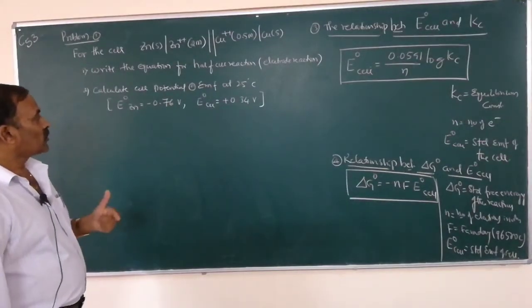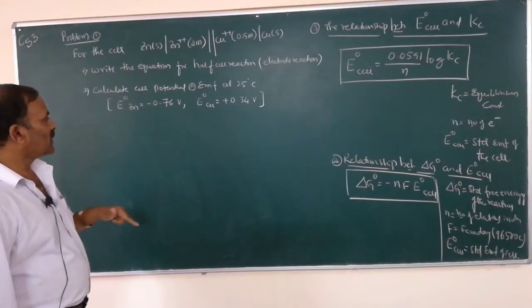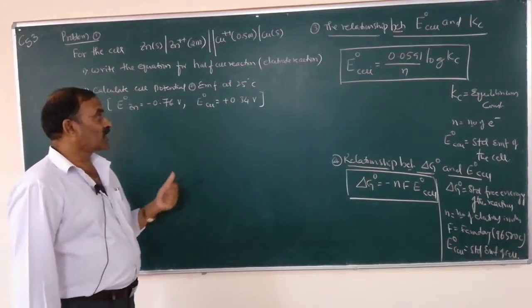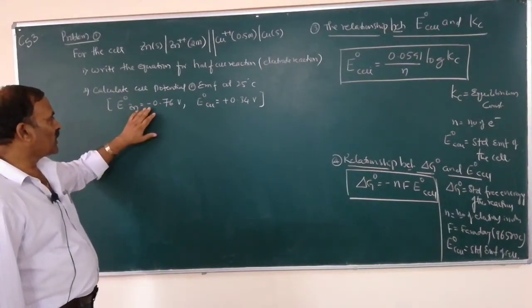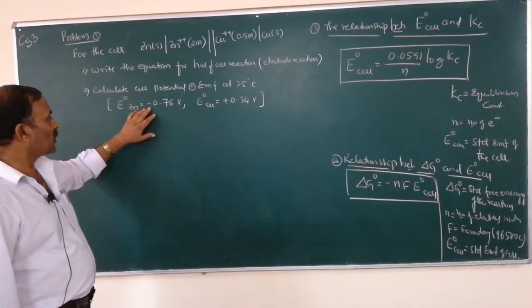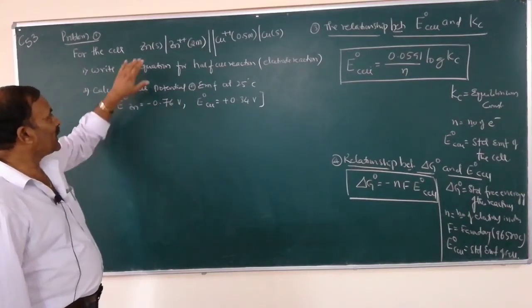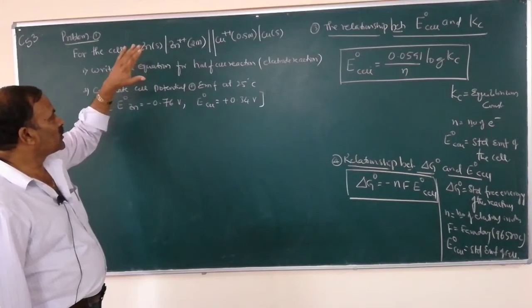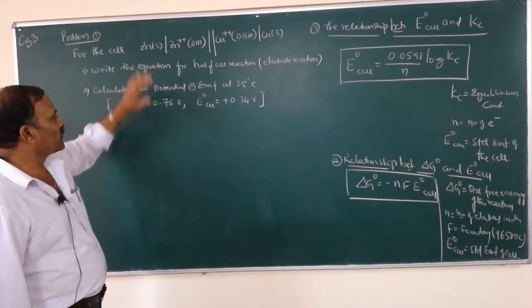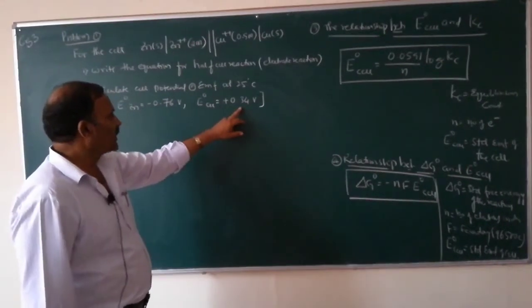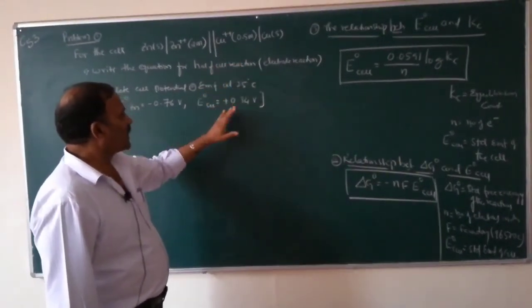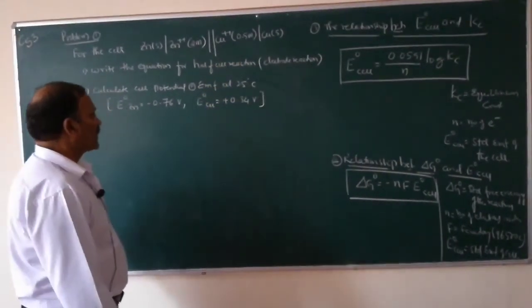So which electrode undergoes oxidation and which undergoes reduction? The electrode whose electrode potential is less undergoes oxidation, and it is the anode and is written on the left. The electrode whose electrode potential is high is the cathode, and reduction takes place at the cathode.